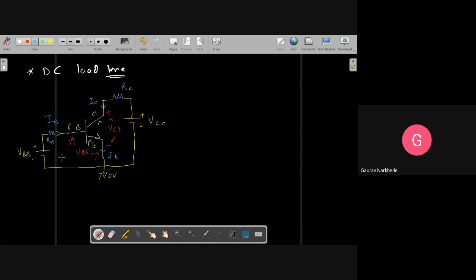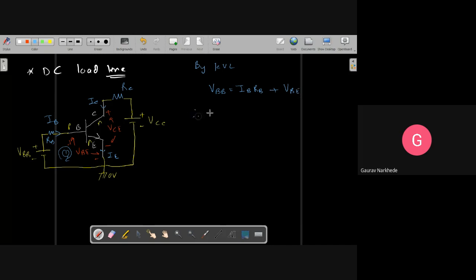Now we can apply Kirchhoff's voltage law in loop number 1. This total applied voltage VBB is nothing but some voltage dropped across RB, that is IB into RB, and some voltage dropped across the base emitter junction, VBE.